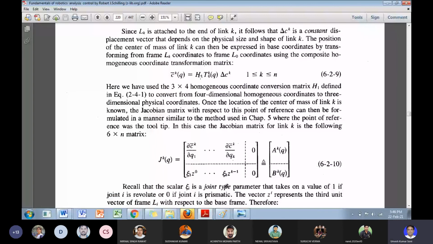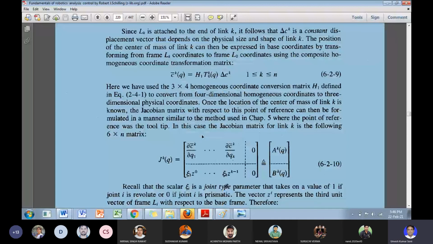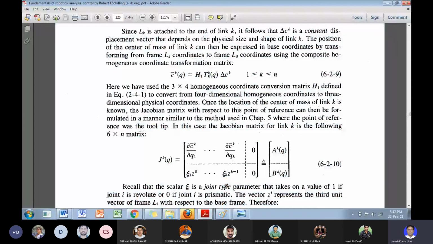After determining this equation, we take the derivative of this variable with respect to different joint variables q1, q2, q3, qn, and so we will have a matrix of matrices, and here this will represent the joint type parameter.